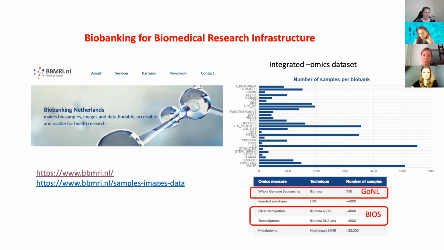On the right of the slide, you see some numbers per cohort. These are numbers taken from the integrated omics data set. There are large cohorts of 5,000 or 6,000 people, and rather small cohorts, which can be only case cohorts, for example, focusing on a very particular situation, like people who received a cardiac treatment.